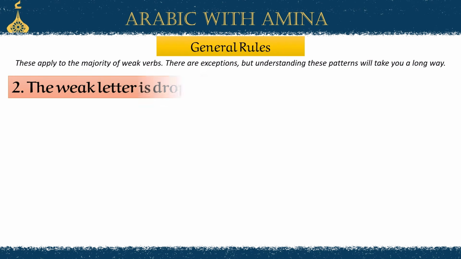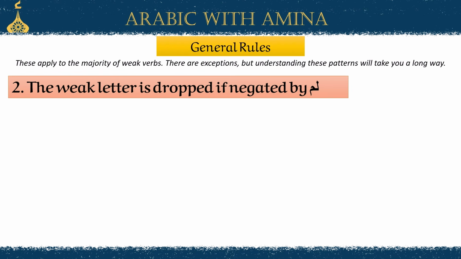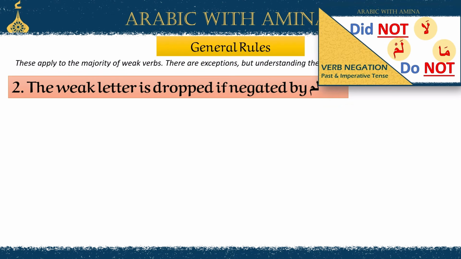That's a separate rule for this verb type, but worth noting. Our second rule is that when a verb is negated by the particle lam, it goes into the jussive case, and just like the imperative, the jussive causes the weak letter to drop. Lam is used to negate present tense verbs, but it indicates a past event.